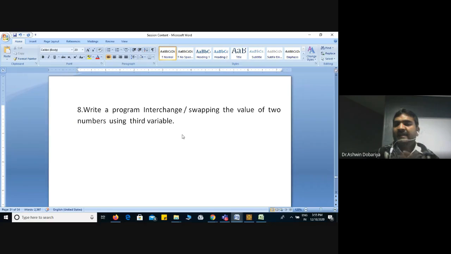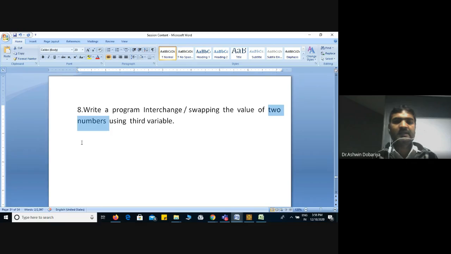Splendor is my value, Activa is your value. But we will say, okay, you drive my Splendor, I will drive your Activa. It means swapping, or you can say interchange. The same thing you have to do over here. Write a program to interchange or swap the values of 2 numbers.